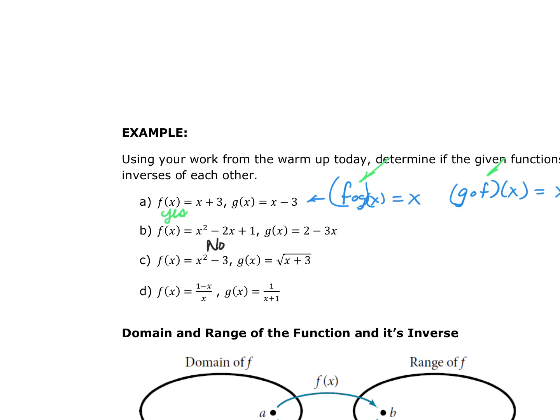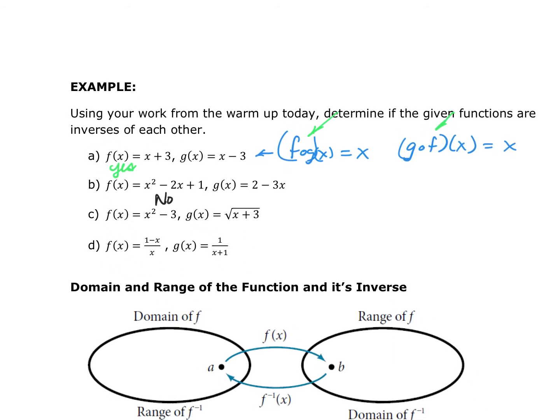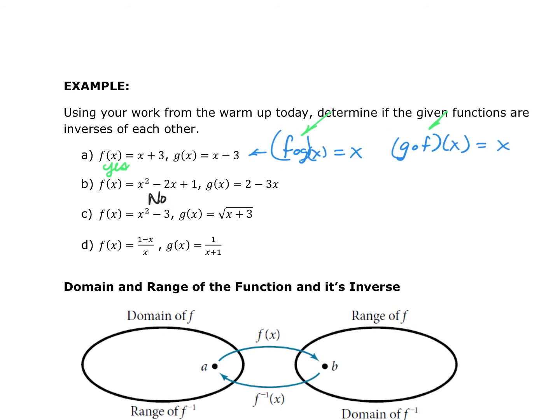On c, you would be inclined to say, wait a minute, I came up with x in both ways. Well, yes and no. So, f composed with g of x was equal to x, but the domain of my inner function was negative 3 to infinity. So I couldn't even put anything into my inner function on the left side of negative 3.